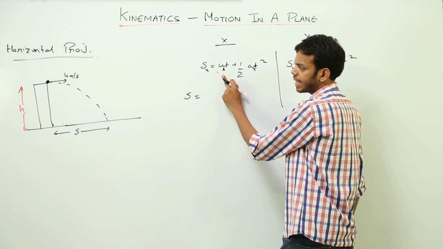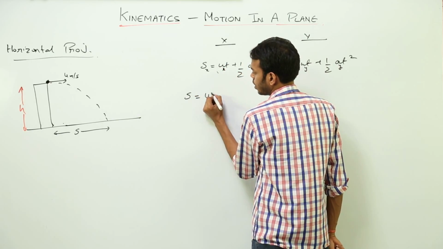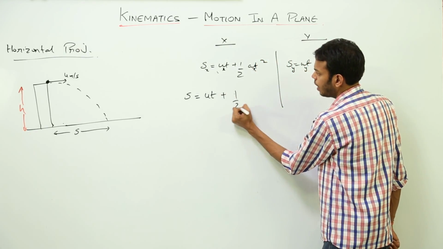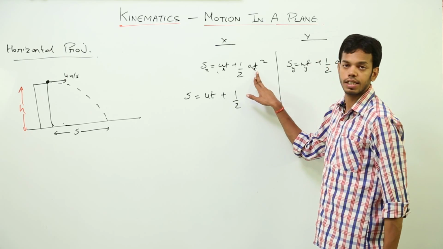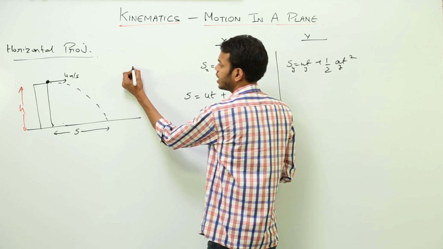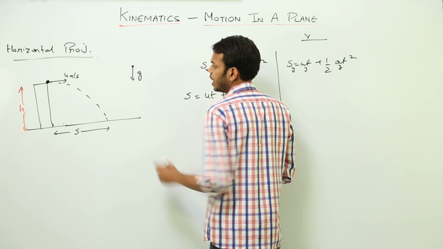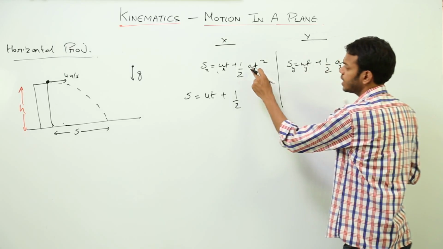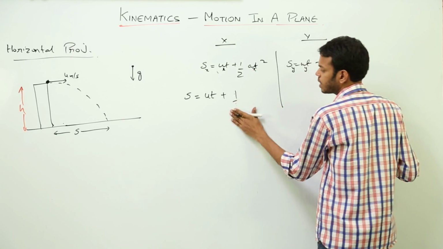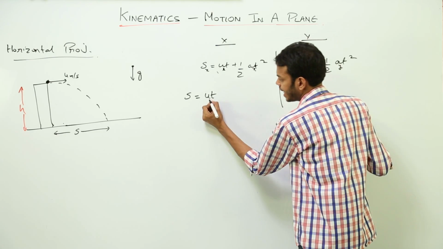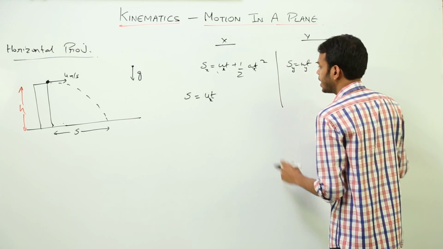Initial velocity along the x axis is u, plus half acceleration along the x axis. There is no acceleration along the x axis. The only acceleration is the acceleration due to gravity g, which is in the y direction, vertically downwards. So this a is 0, this whole term becomes 0, and we are left with s equals ux into t, right?